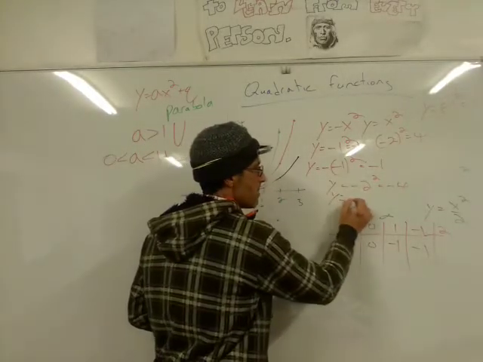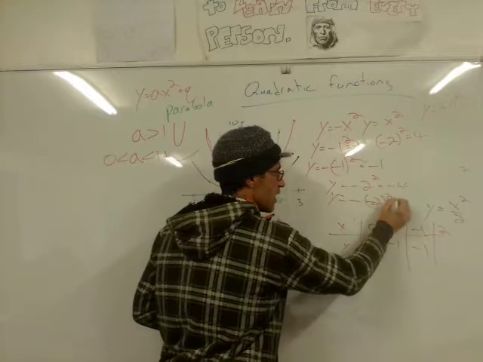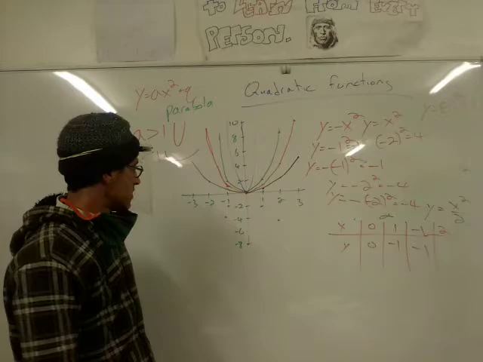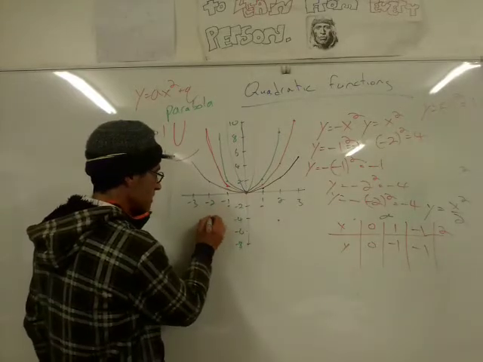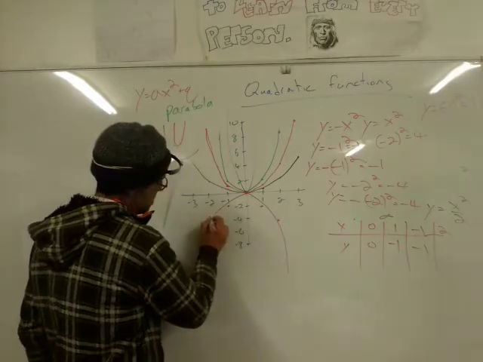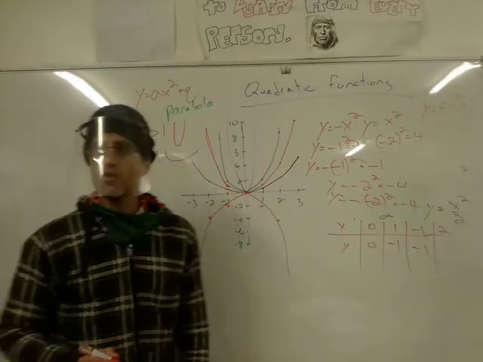If I write minus 2 squared, it's still going to be minus 4. So we have a sad face, right? And I'll carry on like this. Alright, so it's a sad face.